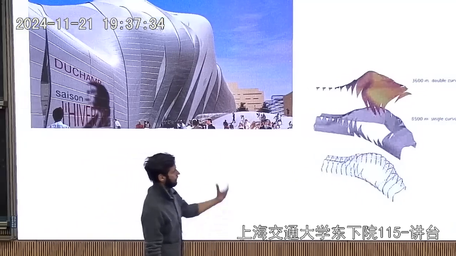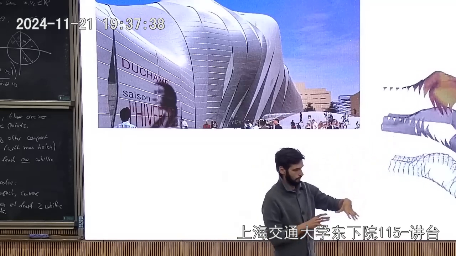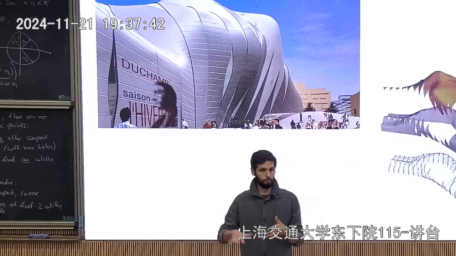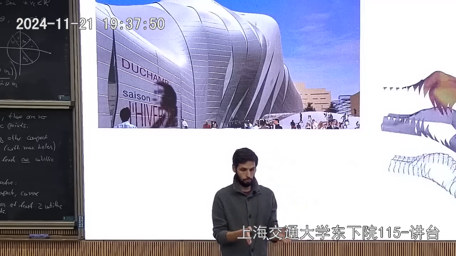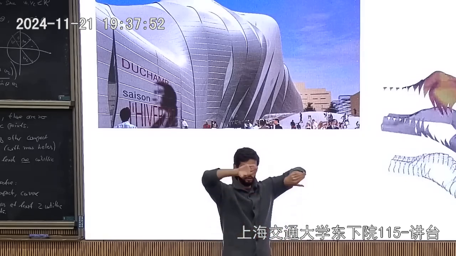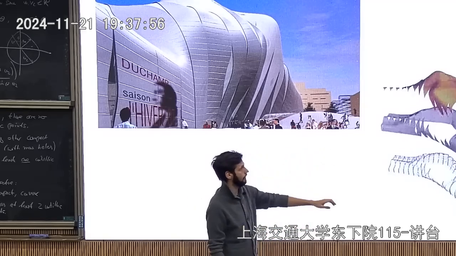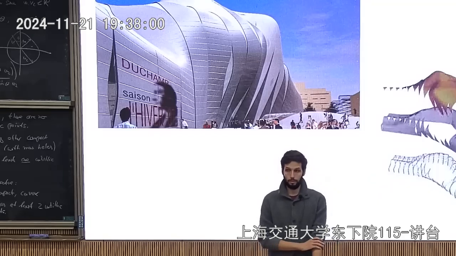And the reason why they did that was because from a construction viewpoint, there were really different requirements of what kind of information you had to use or what kind of materials and how to construct that, depending on if it's curved in both directions like this, or if one of them is differently curved. So you have to use different materials for the elliptic points and different materials for the hyperbolic points.